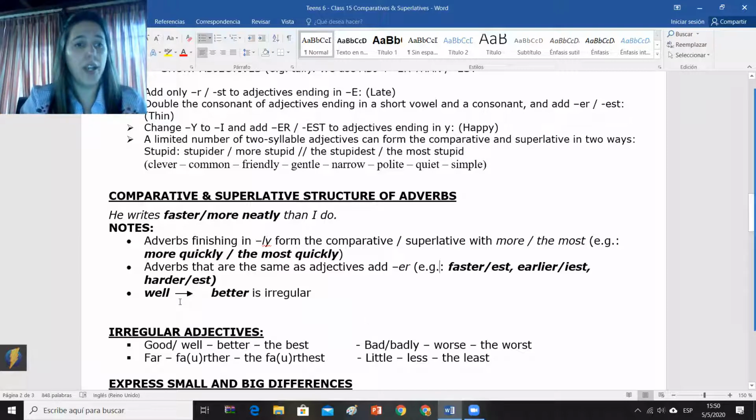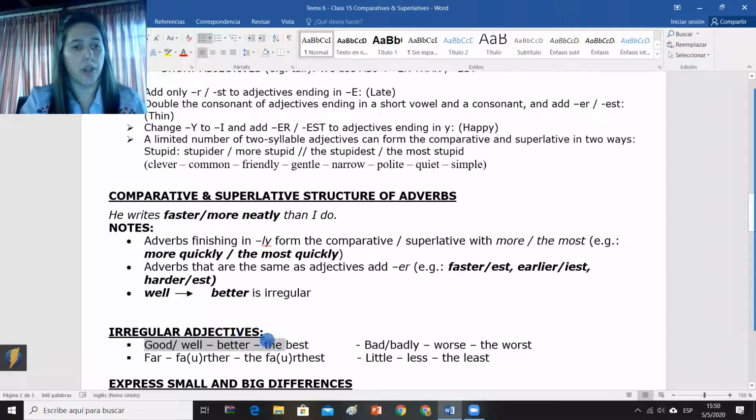Then you have the irregular adverb well, whose comparative is better. Now, some other irregular adjectives: good, and the adverb is well, and the comparative is better, and the superlative the best.